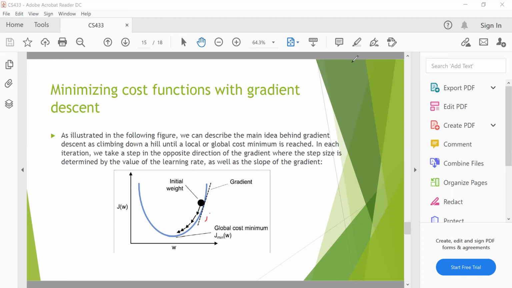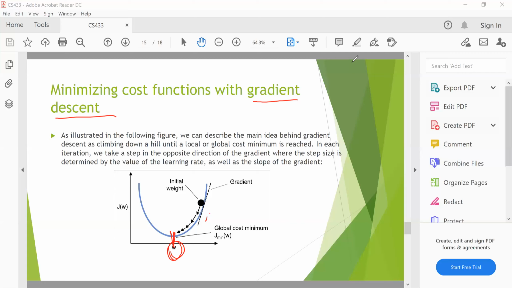So this is the concept of gradient descent. Basically, it's the derivative of the cost function, and then you have the learning rate. You can find, at each step, how much I'm going to move toward the optimal W, the optimum point for the weight.